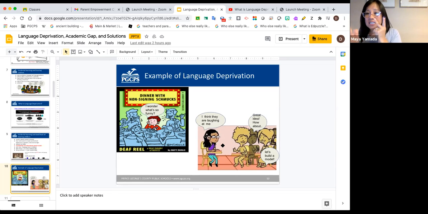And once again, she sees their visual facial expressions, and it looks like they're laughing or smiling, but when you don't know what's going on, you start to become insecure and you start thinking that they're talking about you. And really, they're discussing a model that they want to build for their science project. That's another example of not having full access to language. And as you can see, she does have a CI. She may be hearing them, she's not sure what they're saying.